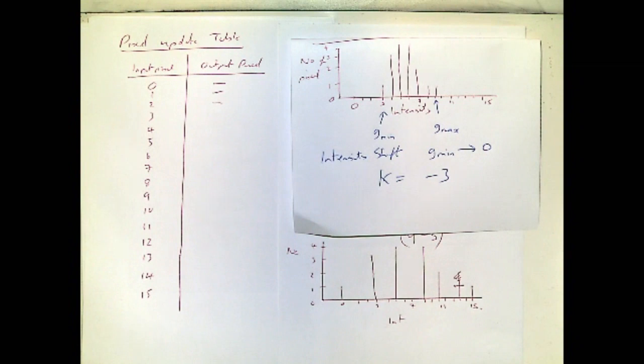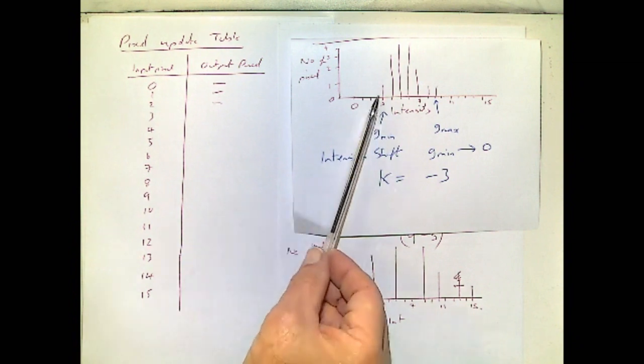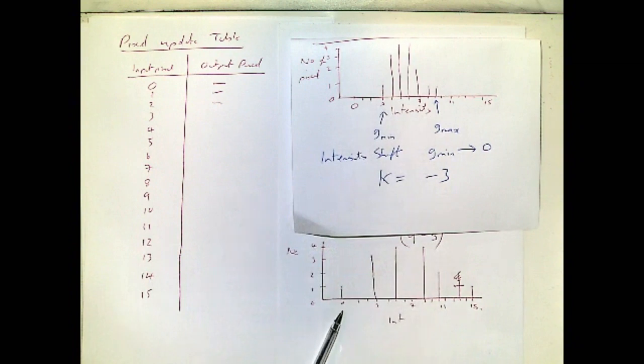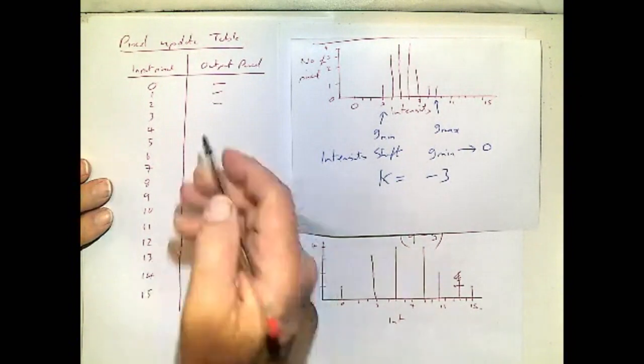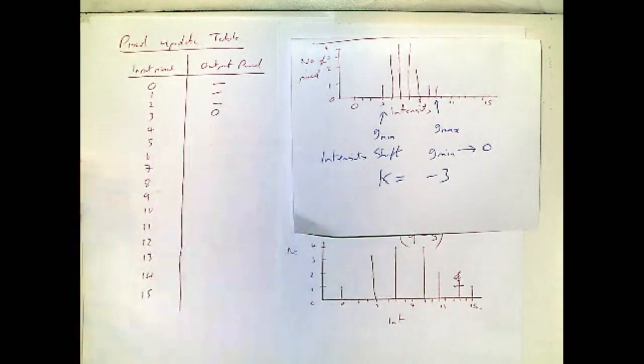Pixel 3 comes along. There's one of them. After processing, shifting, and adding, that pixel there has become that pixel there, and its intensity value is 0. So the update pixel, all the pixels 3 in the image become 0.